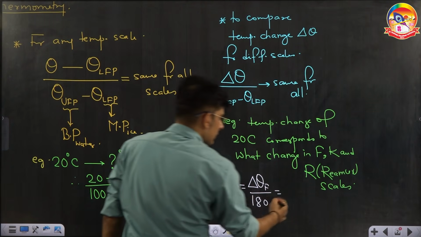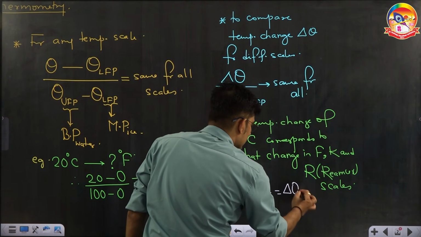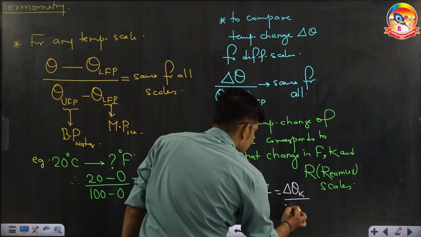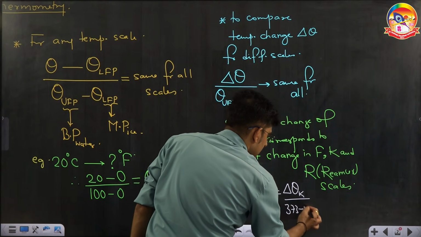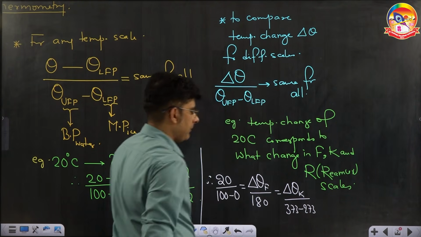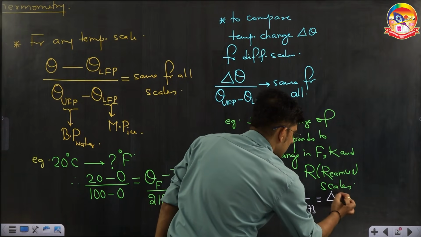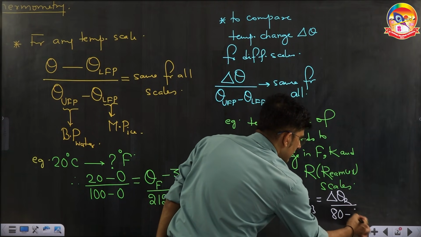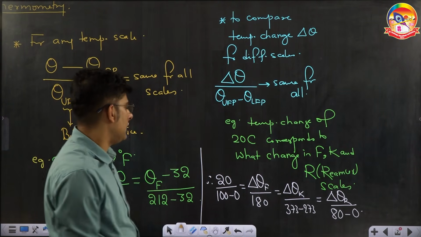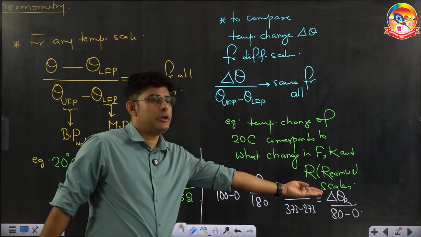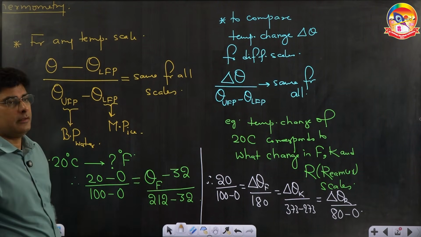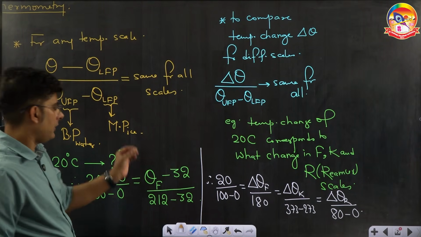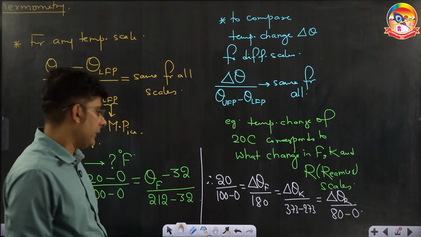When we see Kelvin, we will write the absolute scale delta theta K, 373 and 273 Kelvin. And when we write in Reaumur delta theta R, Reaumur higher is 80, lower is 0. So from here you can get the corresponding temperature difference in all the scales. I hope this is clear to all of you. A simple technique but a very effective one.